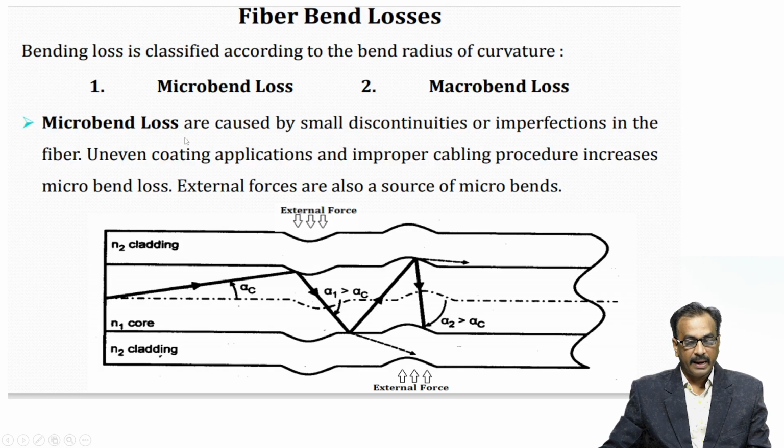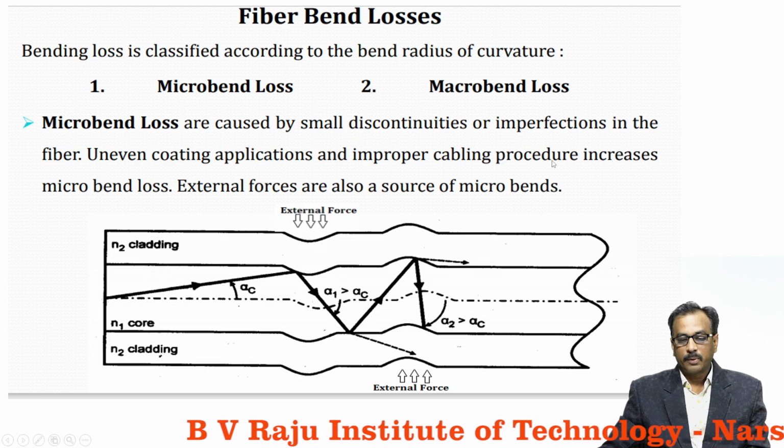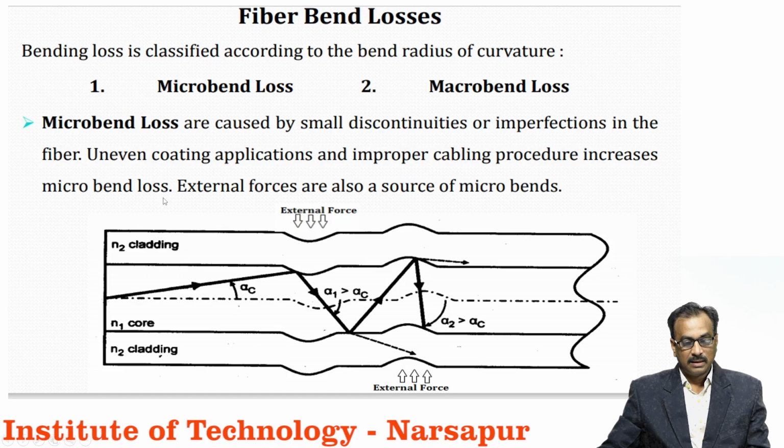And next one is the bending loss. There are two types of bending: microscopic bending and macroscopic bending. Microscopic bending. This is the optical fiber. This is the inner core. This is the core material. Microscopic losses are caused by small discontinuities or imperfections in the fiber. Uneven coating application and improper cabling process increase microbend loss.